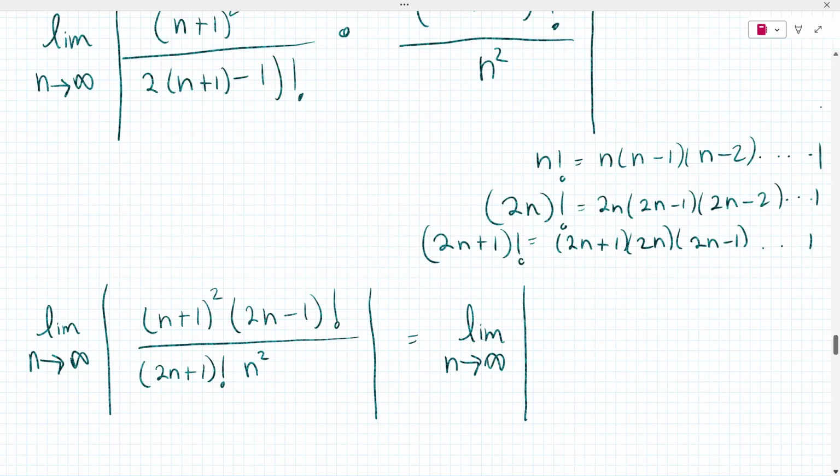So when you expand the factorials, you're left with the limit as n approaches infinity of n plus 1 squared, and then you have 2n plus 1 times 2n times n squared.